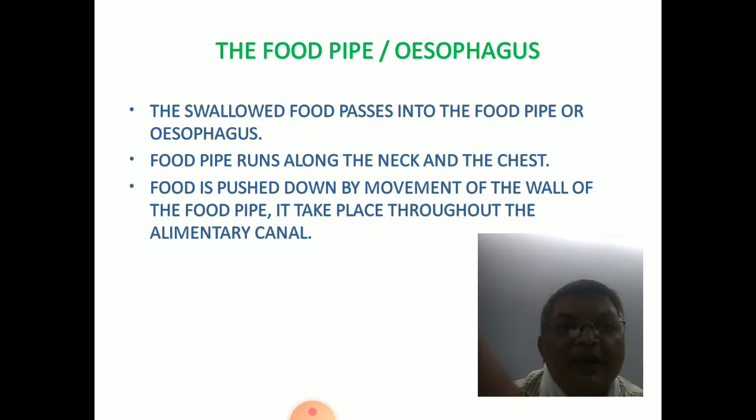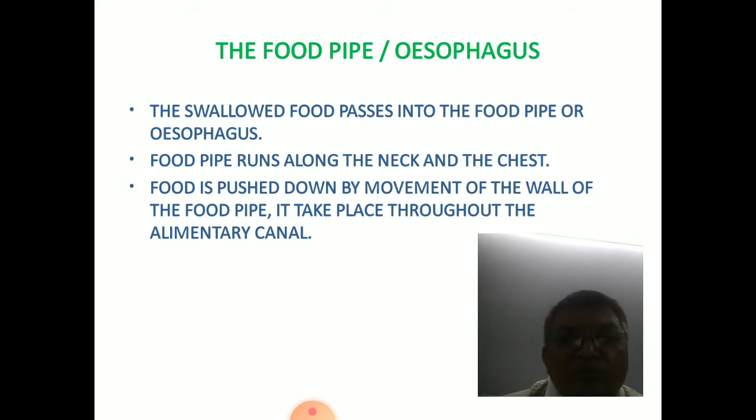This food pipe runs along the neck and chest, and is the connecting link between our neck and stomach.